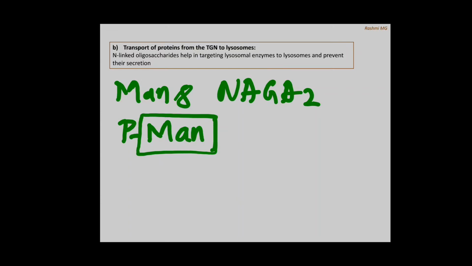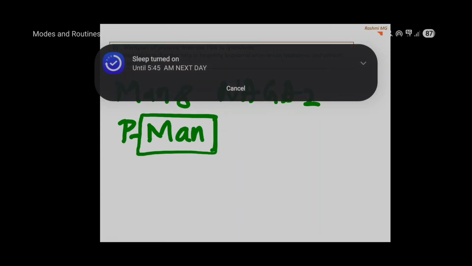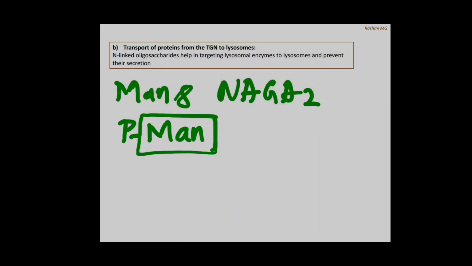The enzyme phosphotransferase transfers the phosphorylated N-acetylglucosamine to carbon 6 of one or more mannose. The enzyme phosphodiesterase removes the N-acetylglucosamine, leaving a phosphorylated mannose residue on the lysosomal enzyme.